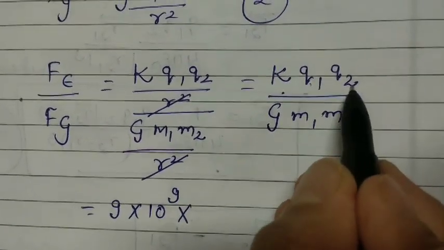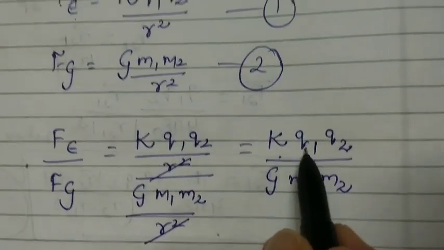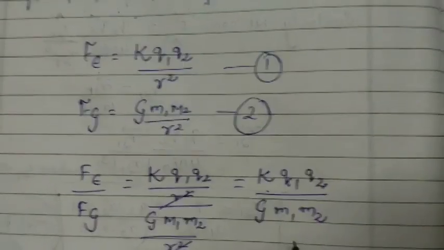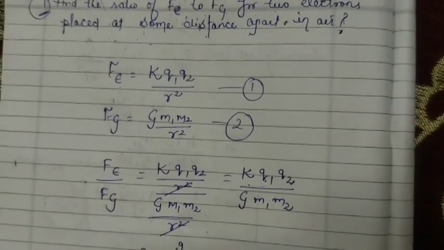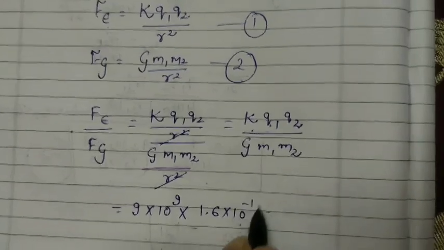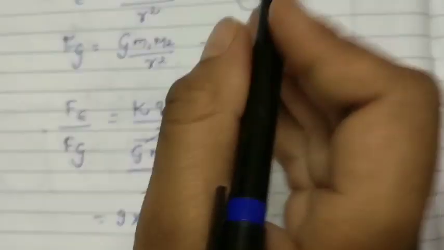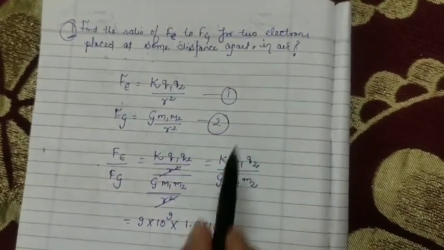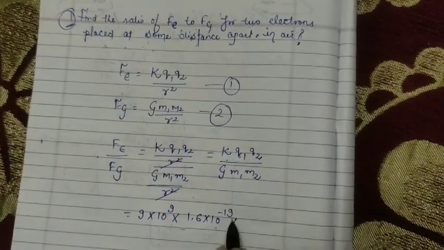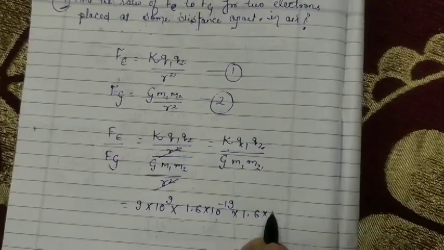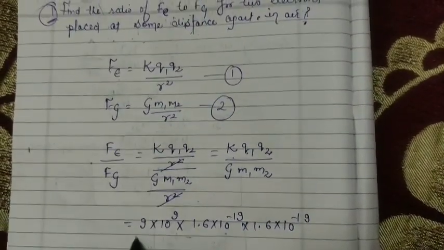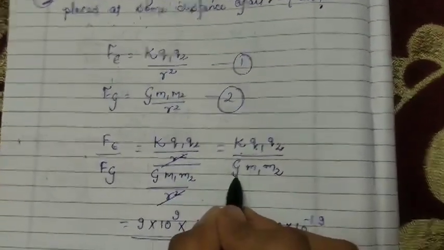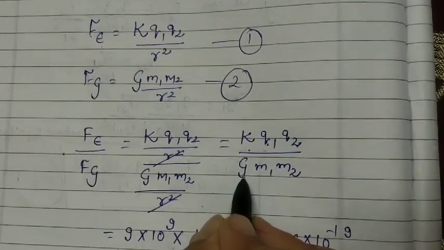Q1, Q2 are two charges, and the charge on each electron or proton is 1.6 into 10 raised to power minus 19. Here are two electrons, so the charge on each electron is 1.6 into 10 raised to power minus 19 Coulomb. And G is also a universal gravitational constant.